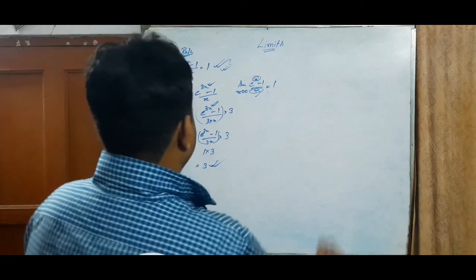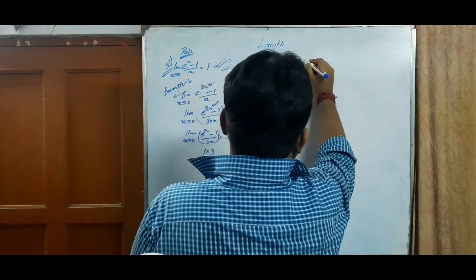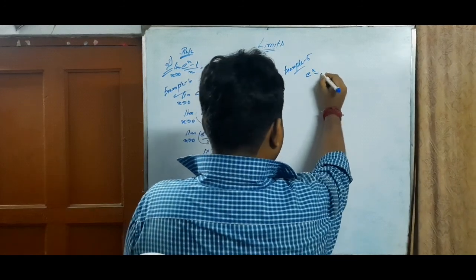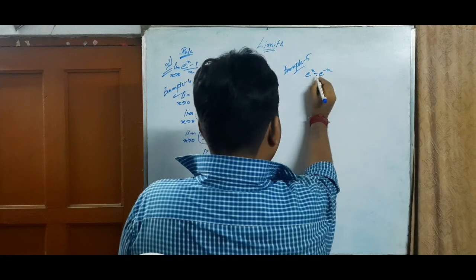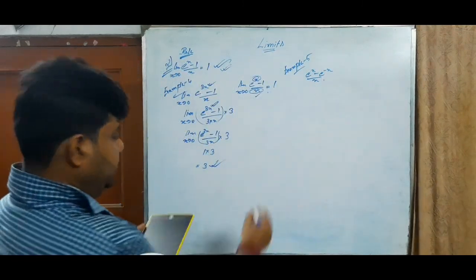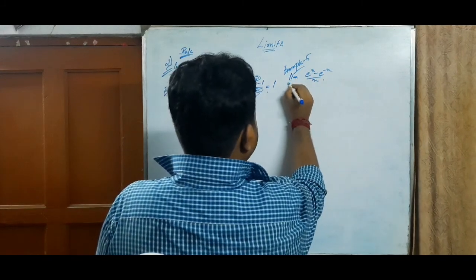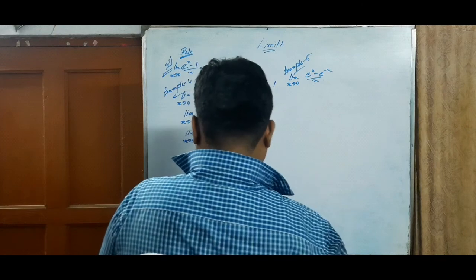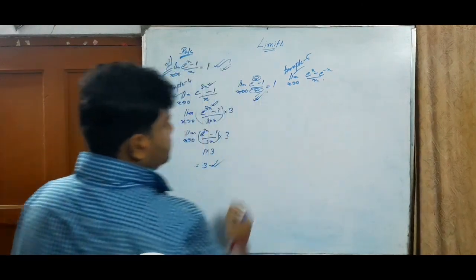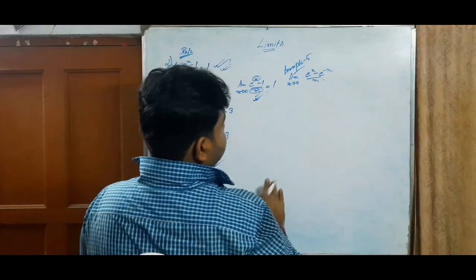We are taking another example. Example 5: limit x tends to 0, (e to the power x minus e to the power minus x) by x. Now how can we get this form? We will have to get this form, and here no 1 is given.